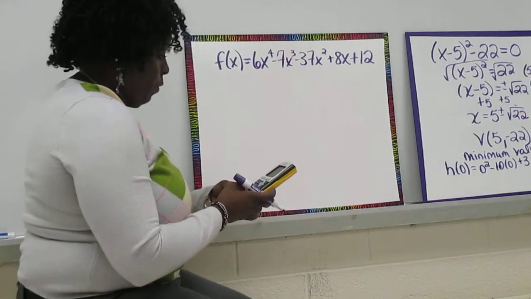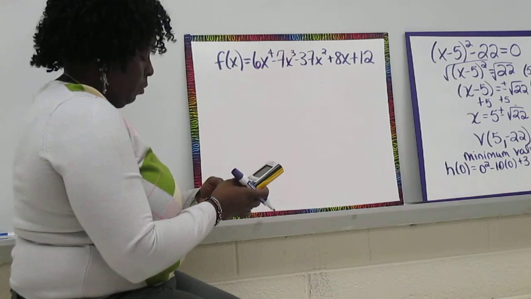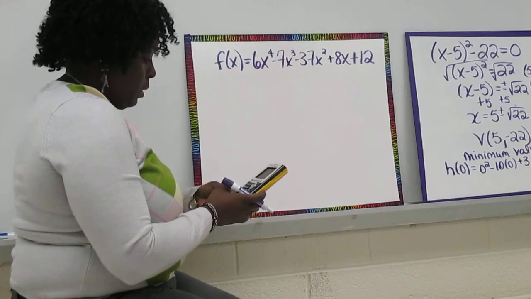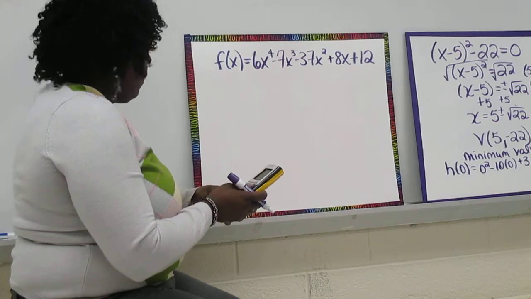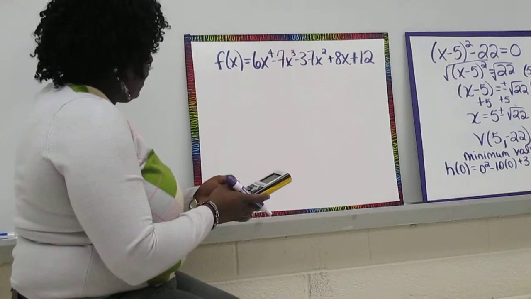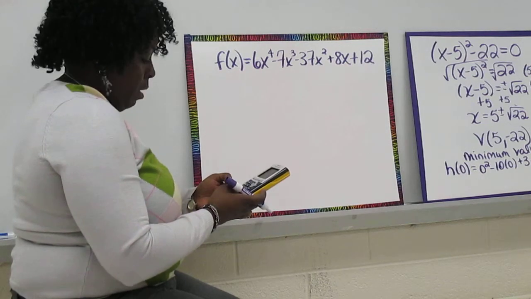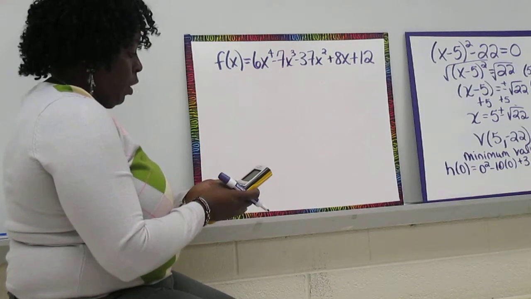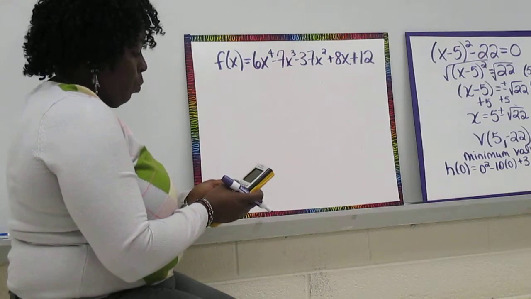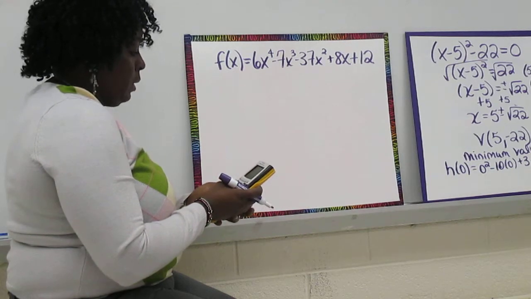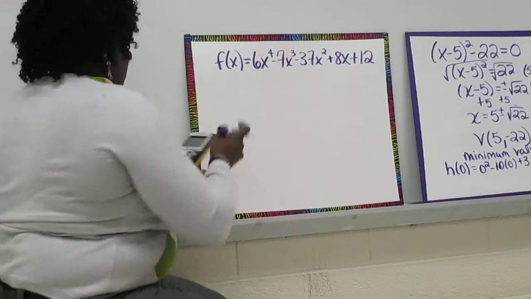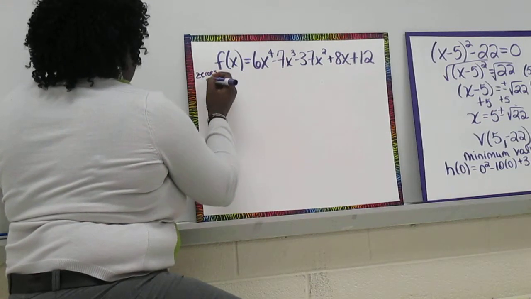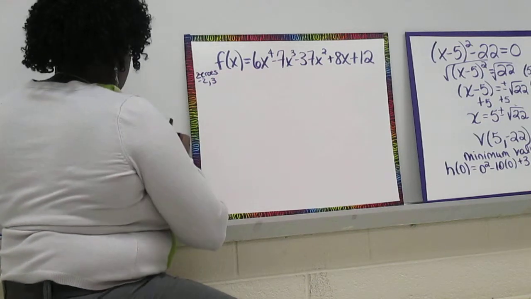I got 6x to the 4th minus 7x cubed minus 37x squared plus 8x plus 12. And I can just go to my table and determine my zeros. When y is 0, I can quickly see that x equals -2 and x equals 3. So my zeros that I can see from the calculator are -2 and +3.